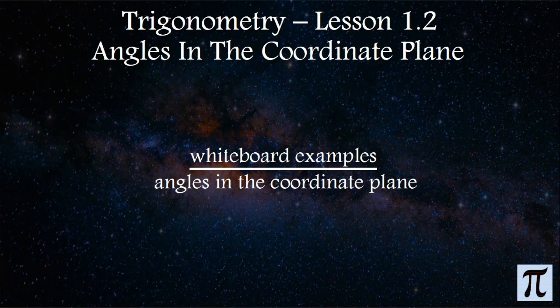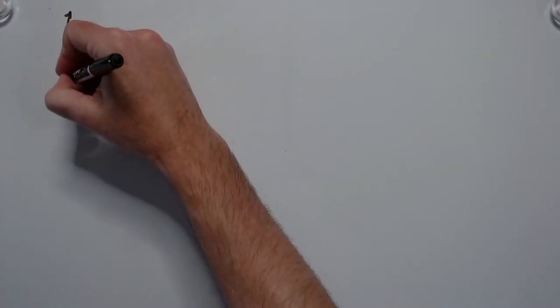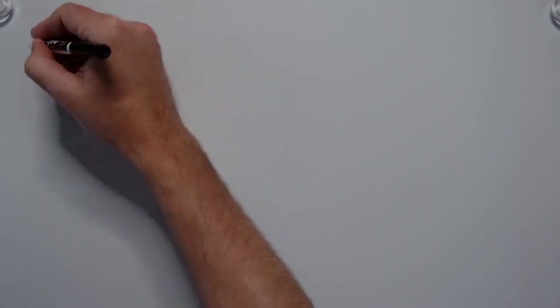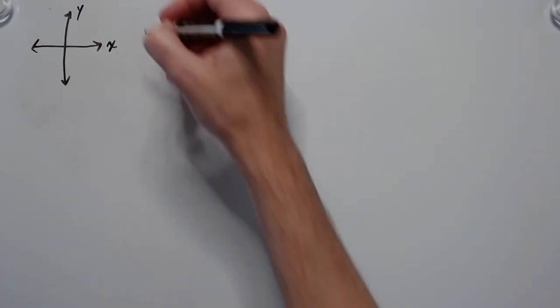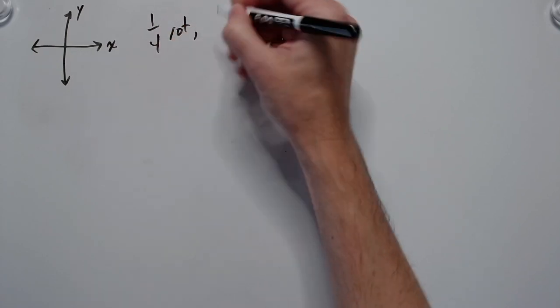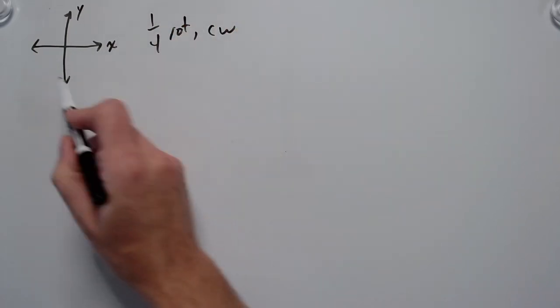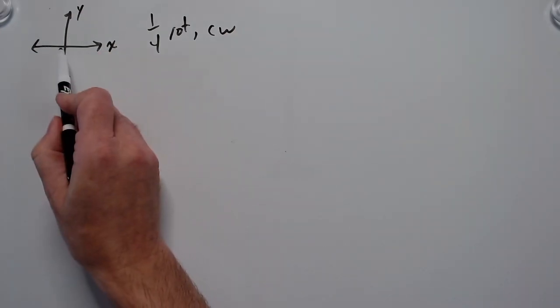Let's jump over to the whiteboard and do some examples. So I'm going to start by drawing a small xy plane up here, like this. And here's our x, and here's our y. And what we want to draw is a 1/4 rotation clockwise. Remember, clockwise would be a negative rotation. And we're going to have our standard form.